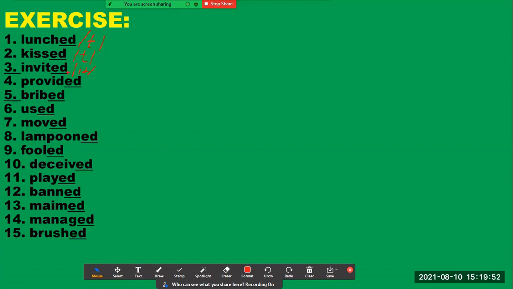The same thing happens in provided. So it is again id. All right. Then number 5 is bribed. The sound here is the sound of D, not T and not id.